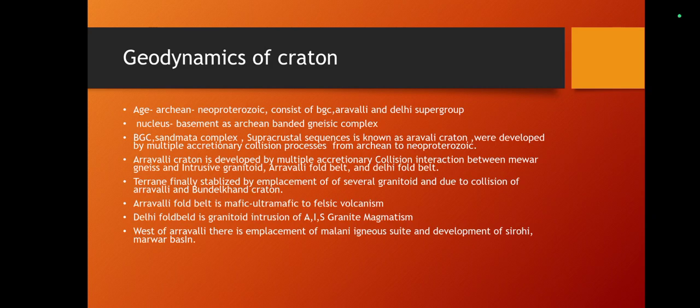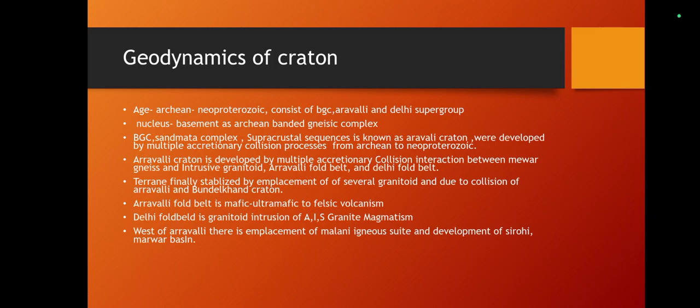Its nucleus is basically a basement which is the Archean banded gneiss complex. You can see it in the diagram which I have included in this particular slide. And your BGC, Sandmata complex, and supracrustal sequence together are known as the whole Arravalli craton.